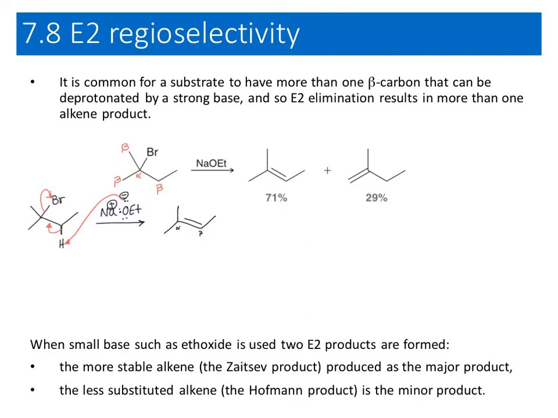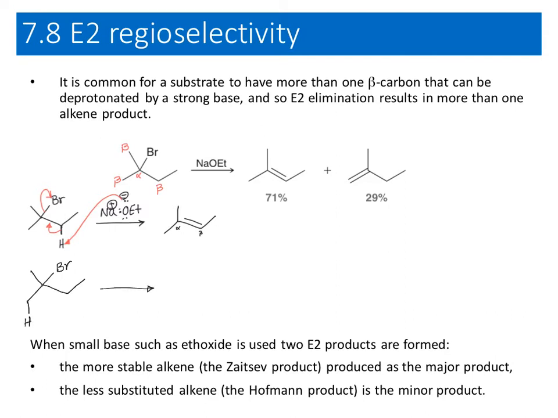Now if you want to focus on this beta proton, these 2 beta regions are exactly similar, so you would get the same product with both of them. So I'm going to focus on this one. This is my beta proton.